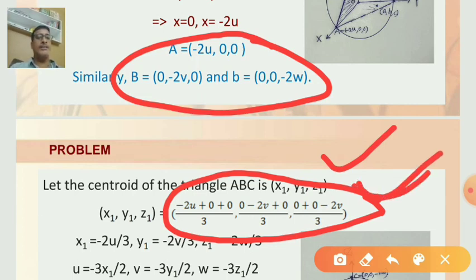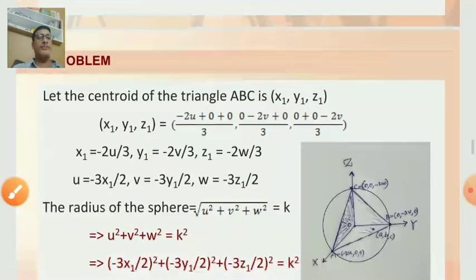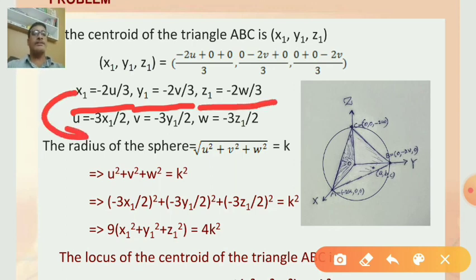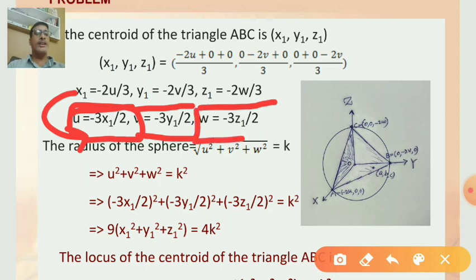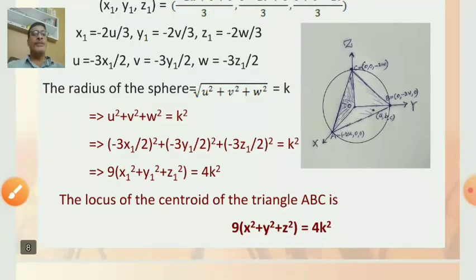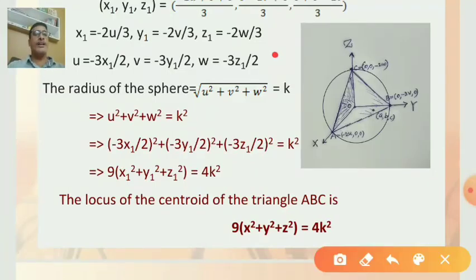So x1 is equal to minus 2u by 3, y1 is equal to minus 2v by 3 and z1 is equal to minus 2w by 3. Converting this, u is equal to minus 3x1 by 2, v is equal to minus 3y1 by 2, w is equal to minus 3z1 by 2. Now substitute all these values of u, v, w.